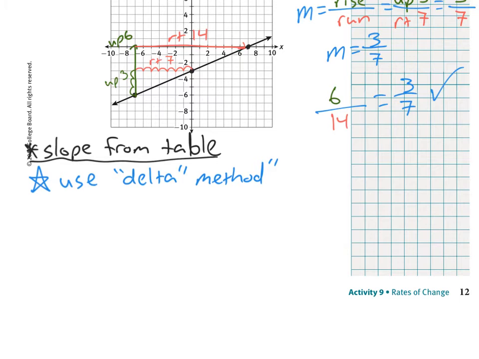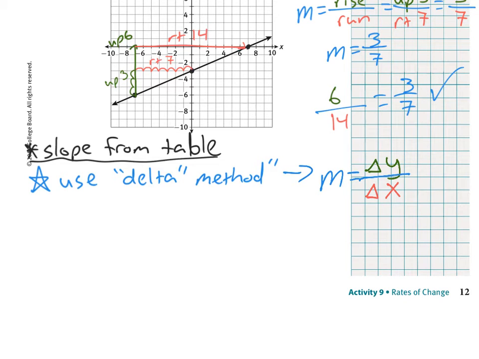Okay, what that refers to, if you saw on the previous page, delta is the Greek letter that represents change in a variable. So when we talk about the delta method, we're looking at setting up a ratio of the change. Delta y, the triangle there, is how the y changes, over how the x changes, delta x.